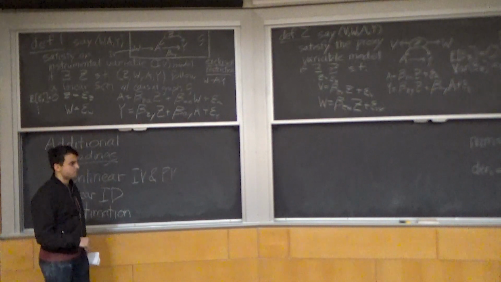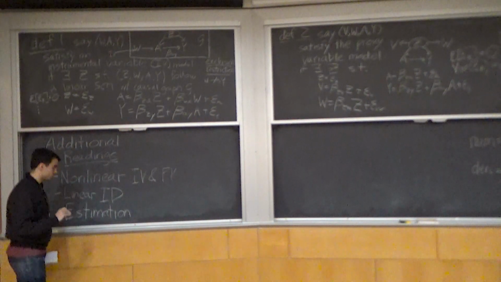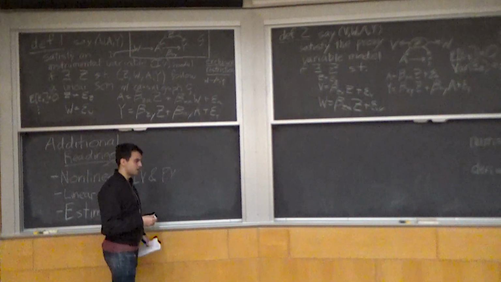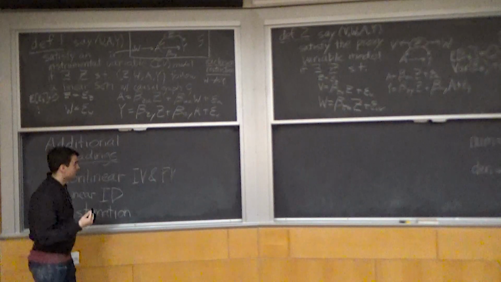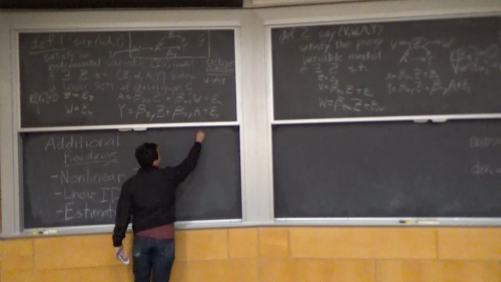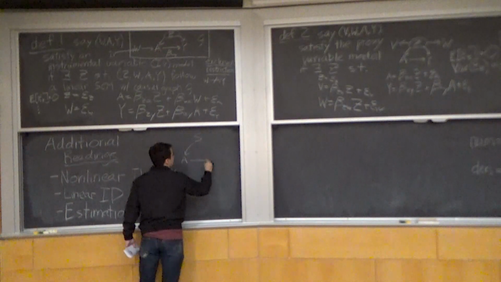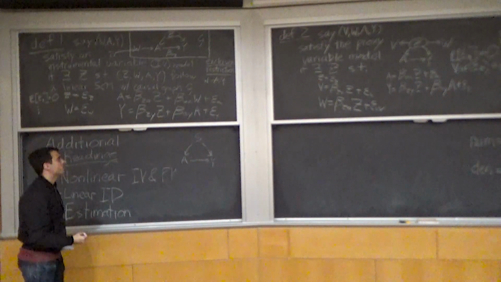What I'll start by saying here is that the natural thing you might think about doing is, okay, you spit out one of these identification formulas, say something like the adjustment formula when we were thinking about graphs that satisfy the backdoor criterion.